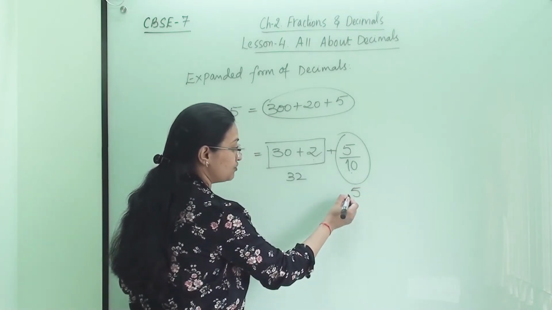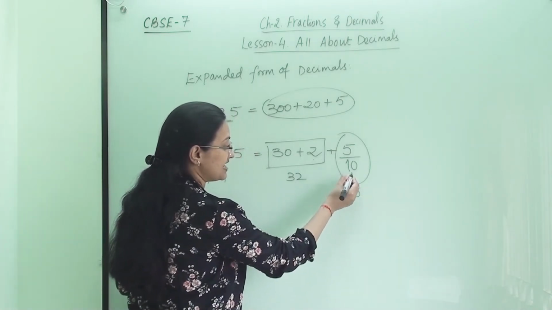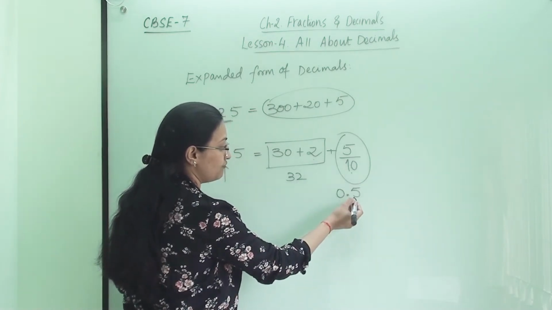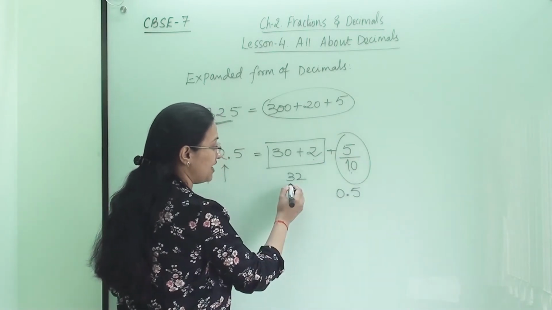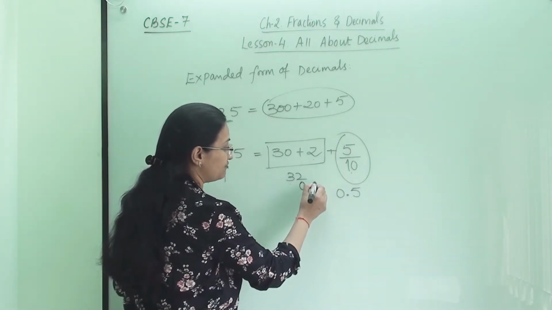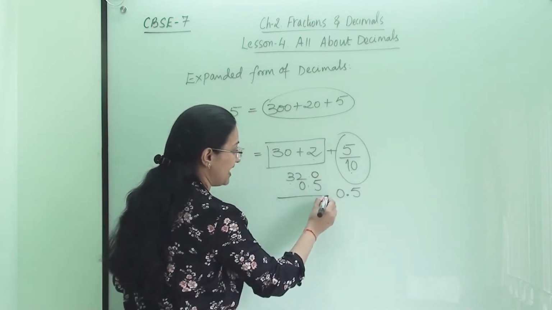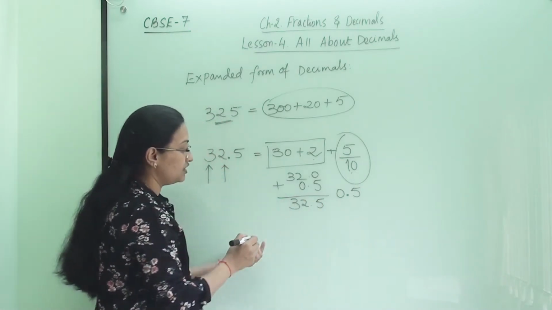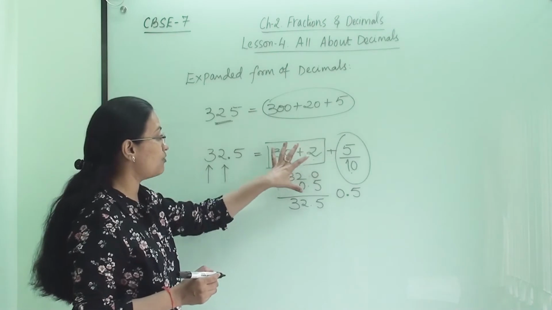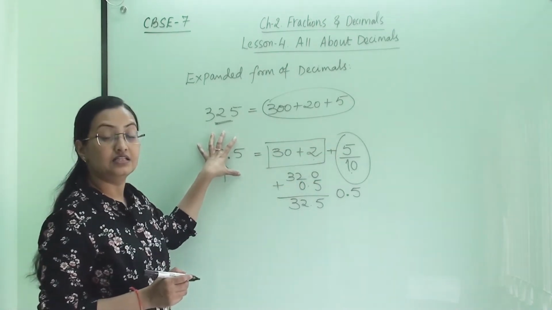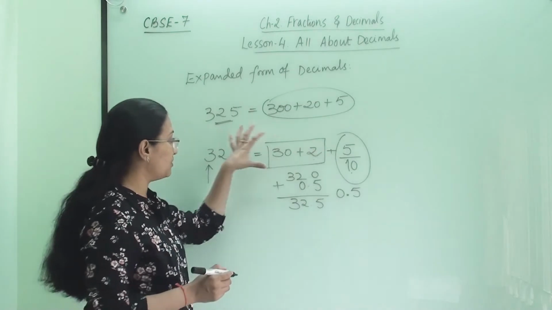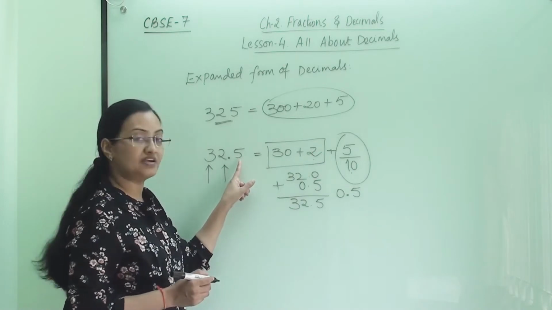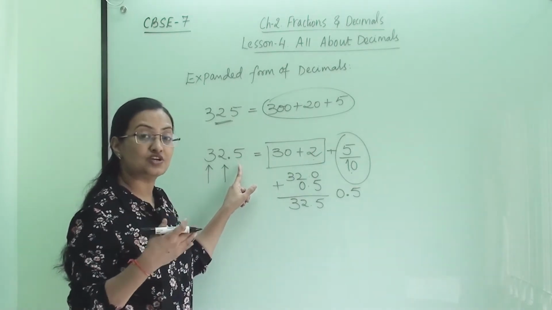From the right side we count only one number because 10 is in the denominator, and we put the decimal point, so it is 0.5. When we add 0.5 to 32, we get 32.5. That is how from the expanded form we get the number. It has to give us this number, only then is our expanded form correct. That is how we write the expanded form for numbers after the decimal.